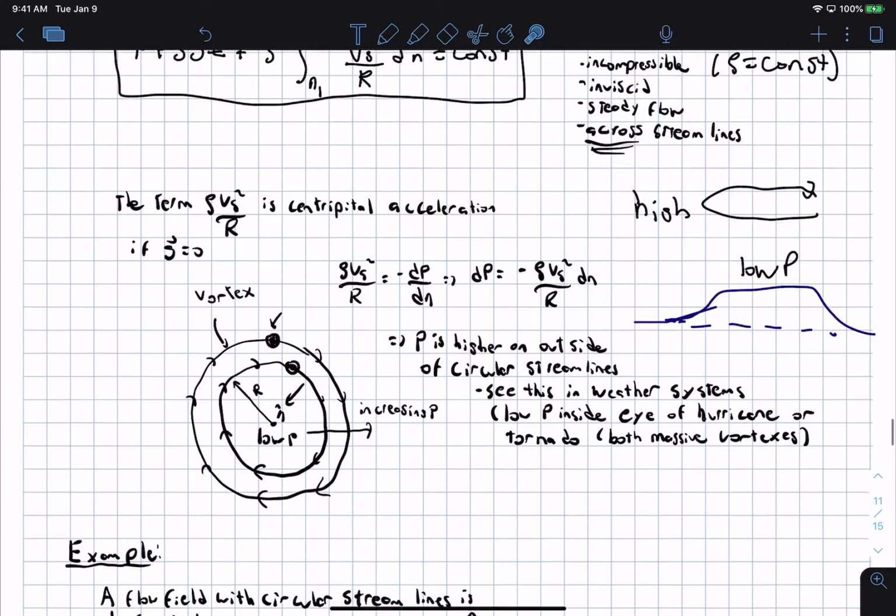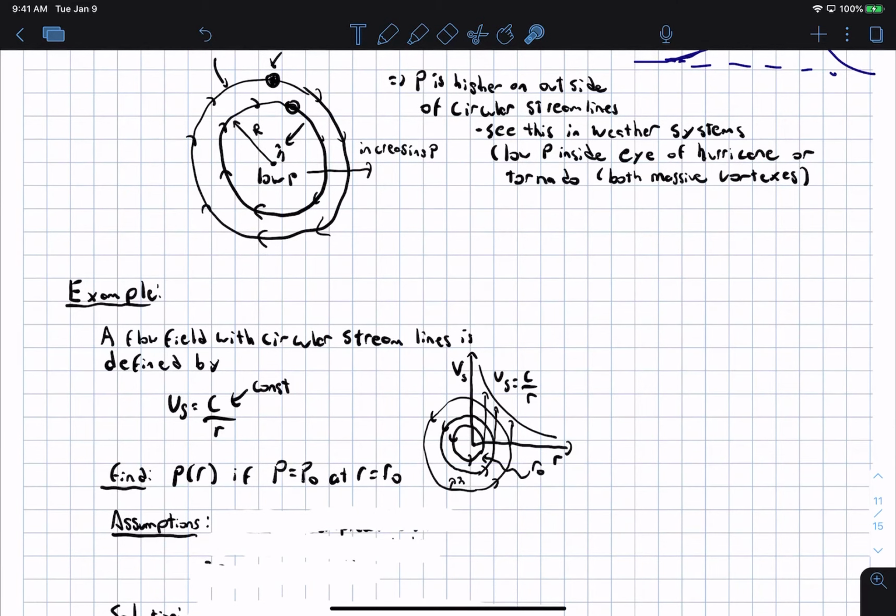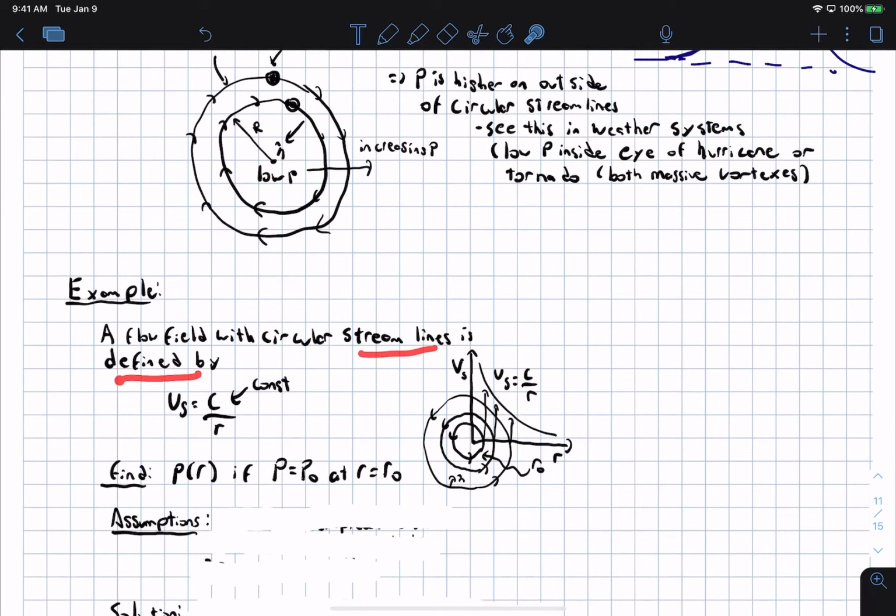Okay, so now we'll give an example. We have a flow with circular streamlines. We define those streamlines by Vs equals some constant divided by R. Here I just have a picture of that function, and so we have our circular streamlines, and I'm plotting Vs as a function of R. Okay, and that looks something like this.